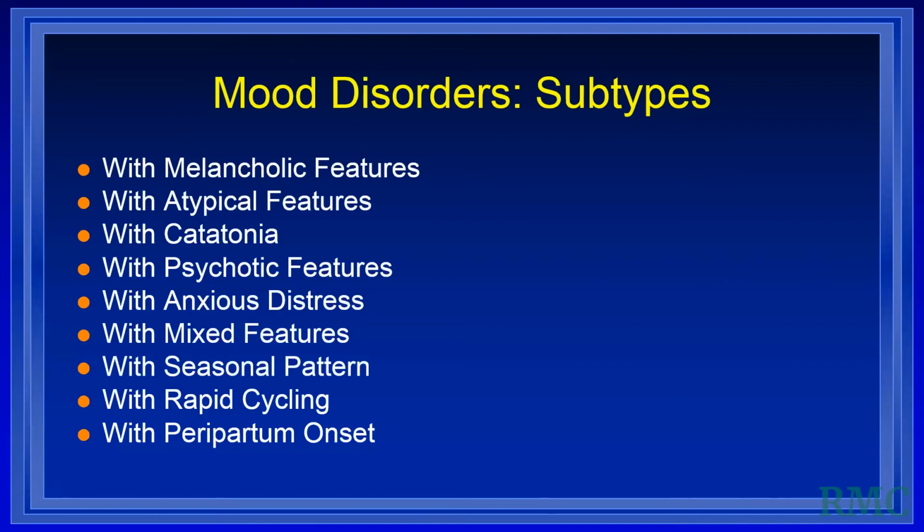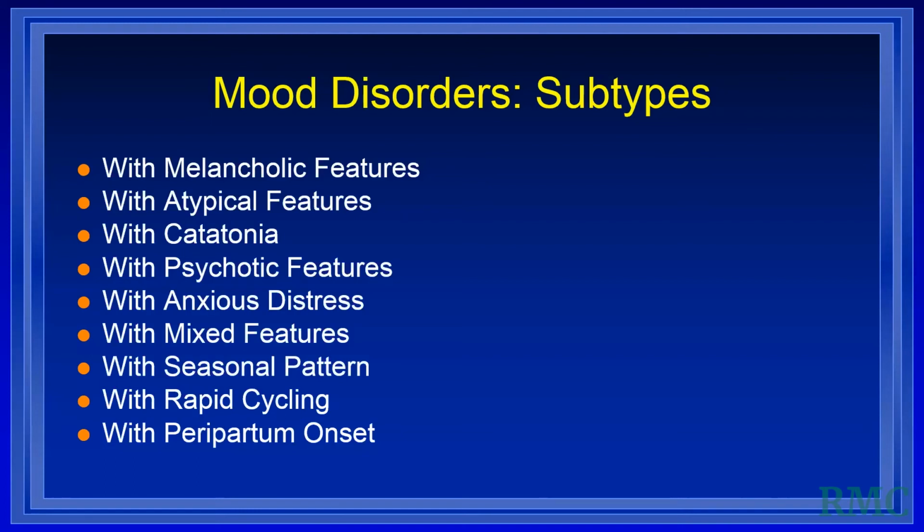Atypical features are characterized by a major depressive episode with excessive sleepiness and increased appetite. And those are the major distinguishing features of melancholic and atypical. There are other criteria, but what I want you to know is atypical is overeating, oversleeping. Melancholic is decreased sleep, often early morning awakening, and decreased appetite.